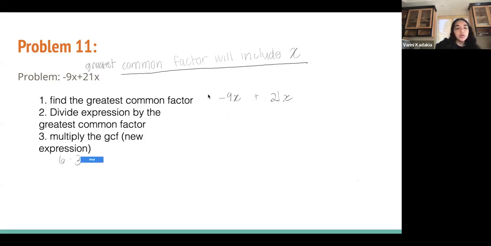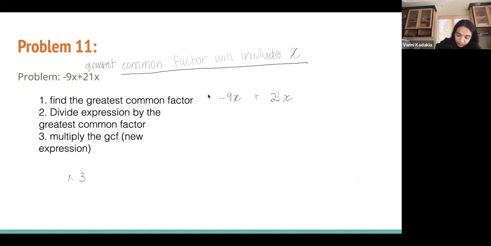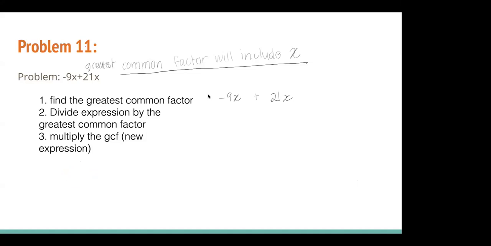We can break 6 times 3 up into two factors, 6 and 3, that make up the number. Does that make sense? No, please. Yeah. Okay. Let me see.